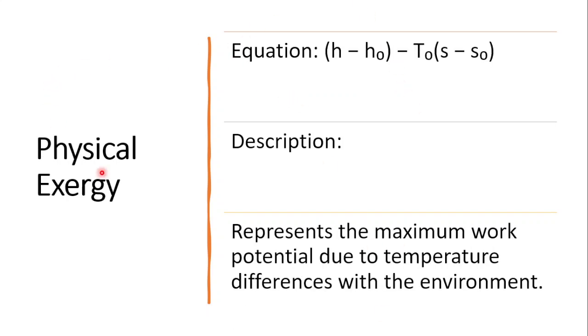About the physical exergy, you can see the equation: h denotes the enthalpy, h0 denotes the enthalpy at the dead state, T0 is the temperature of the dead state, s denotes the entropy, and s0 denotes the entropy at the dead state.